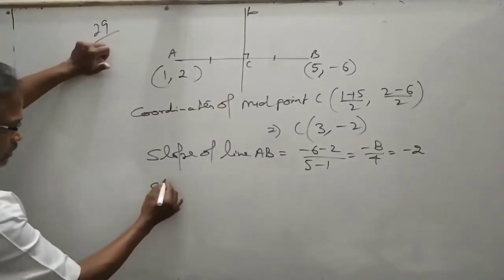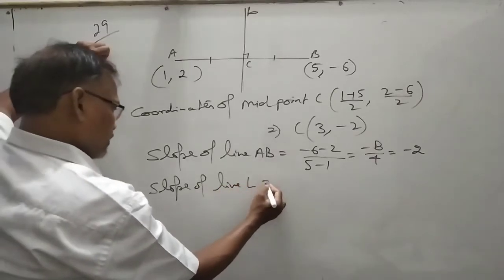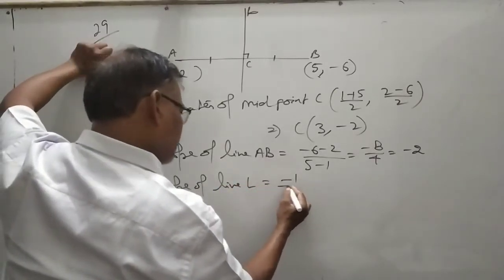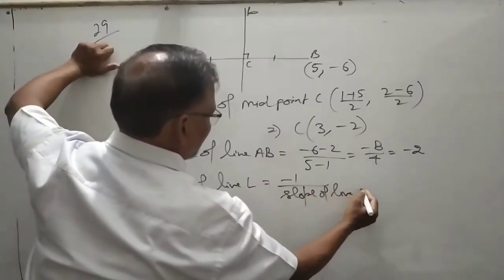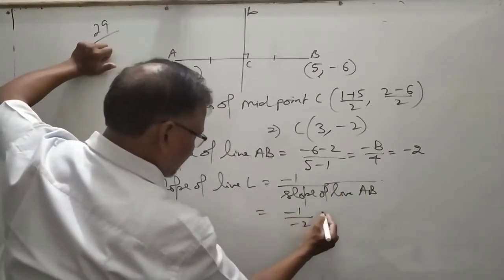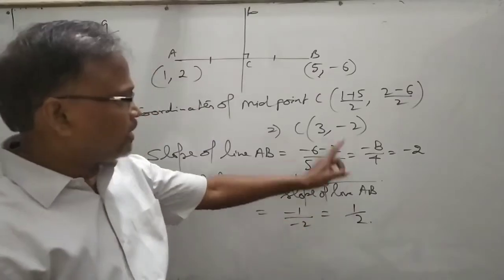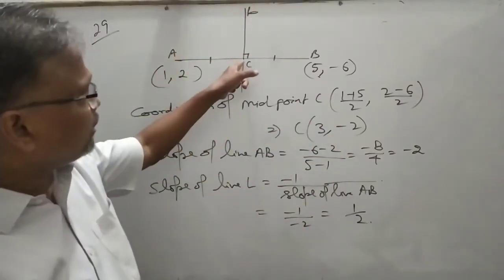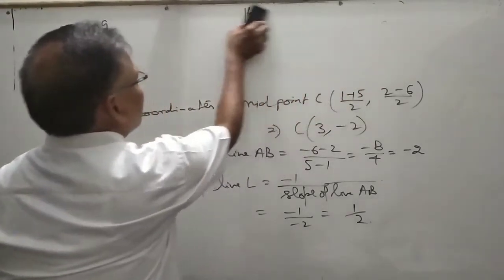So what will be the slope of line L? It is equal to minus 1 upon the slope of line AB. So this is minus 1 upon minus 2, meaning 1 upon 2. Now you have the slope as well as a point on the line. Therefore you can find the equation of the line L.